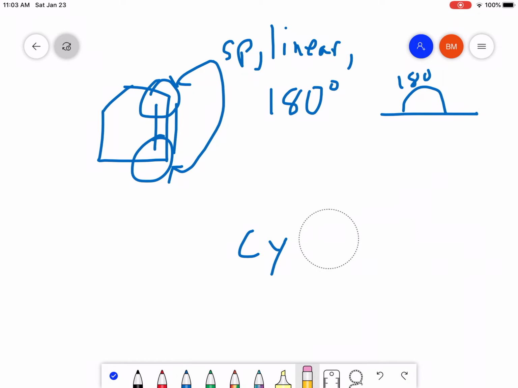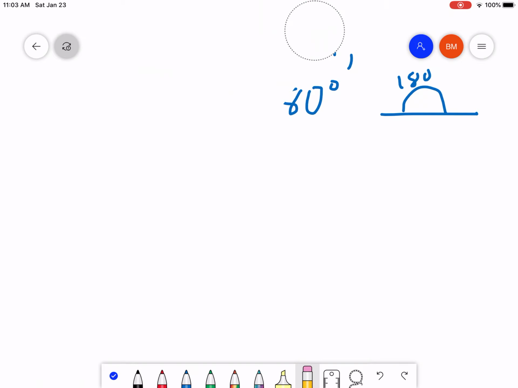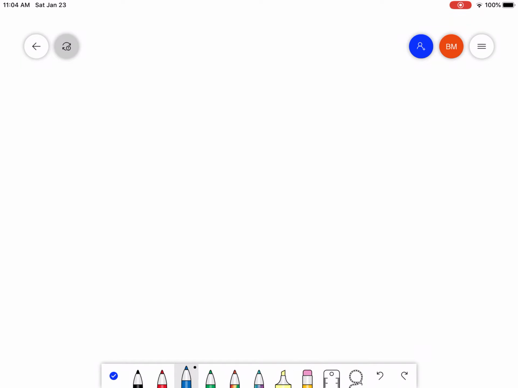Also, kind of related to this, I want to highlight something that you're probably going to see in how alkynes are drawn. Whenever I write this alkyne, 2-butyne, technically the way I just drew it is incorrect.